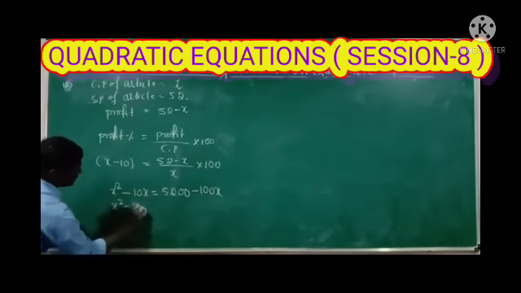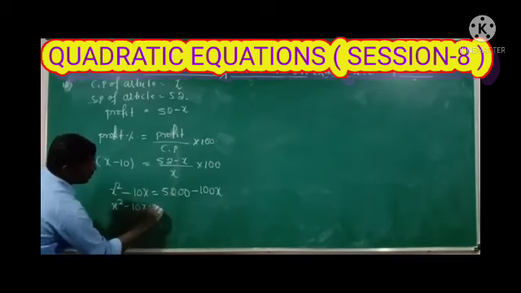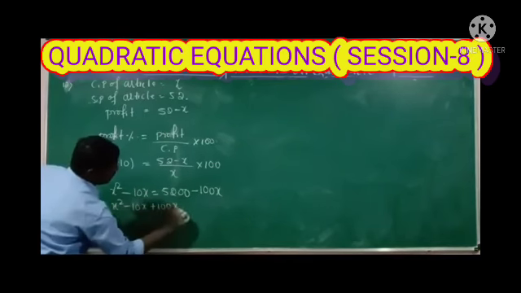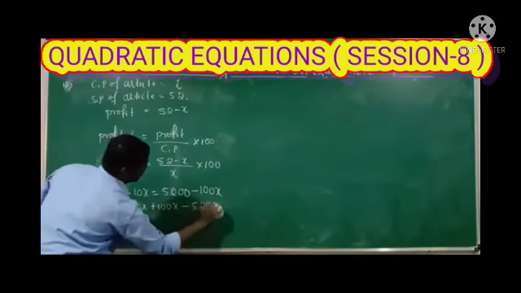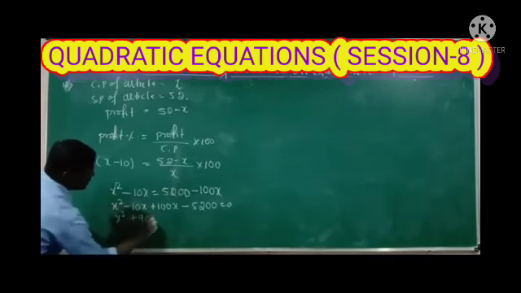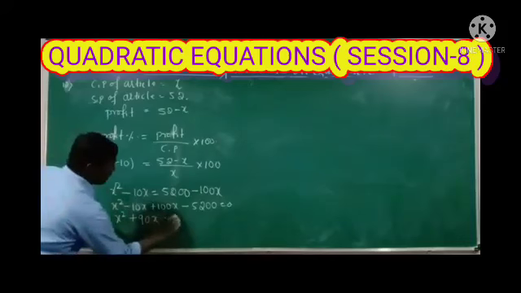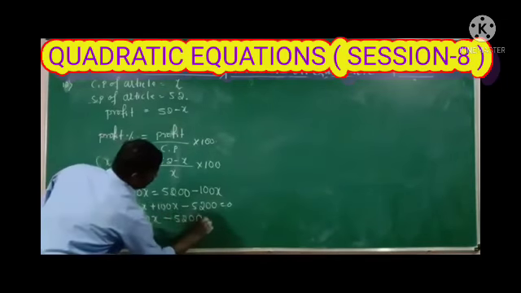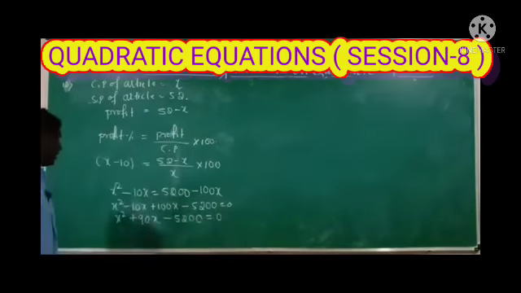X square minus 10X plus 100X minus 5200 is equal to 0. Now X square minus 10X plus 100X is plus 90X minus 5200, which is equal to 0.